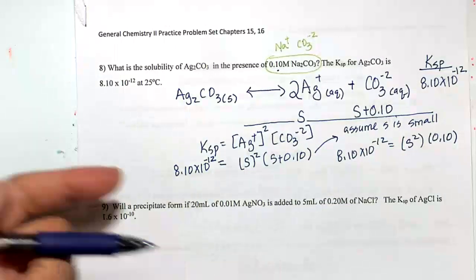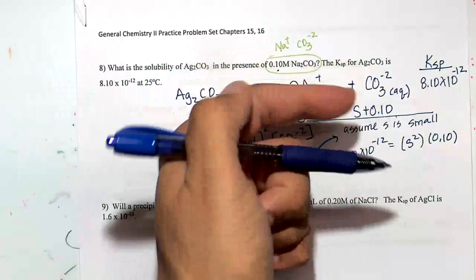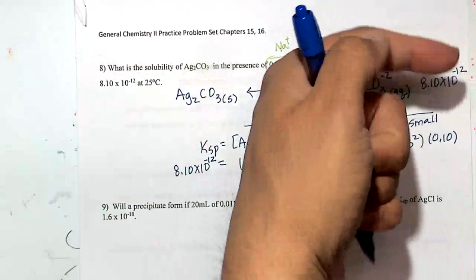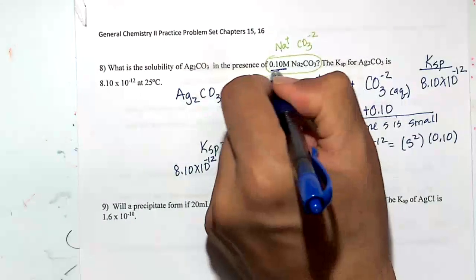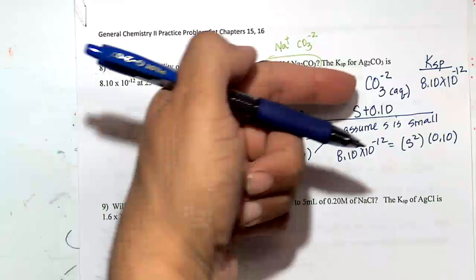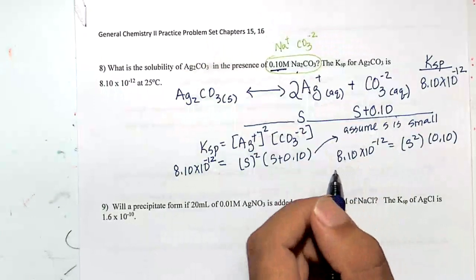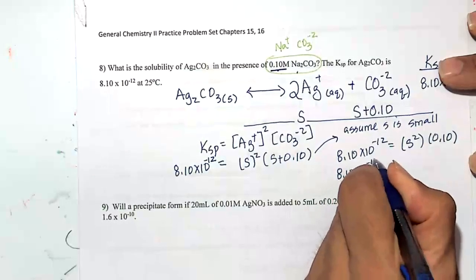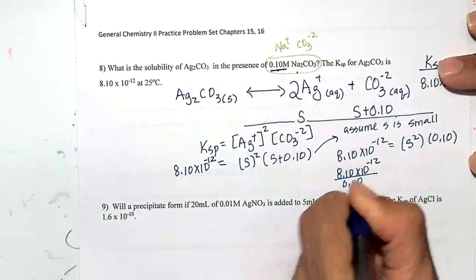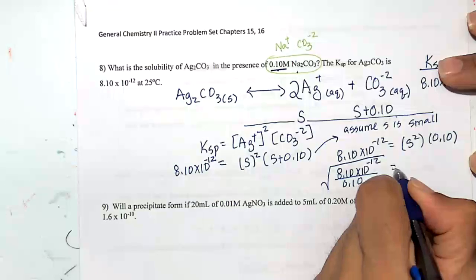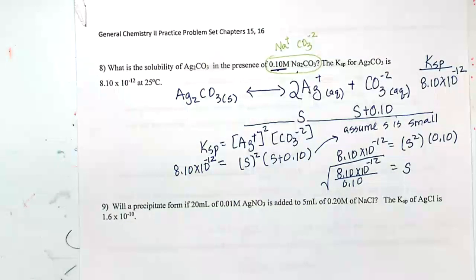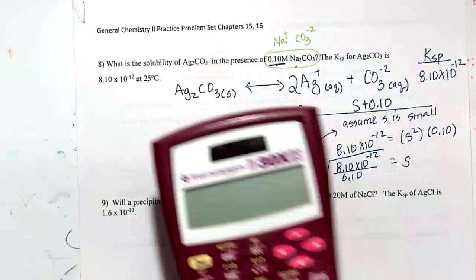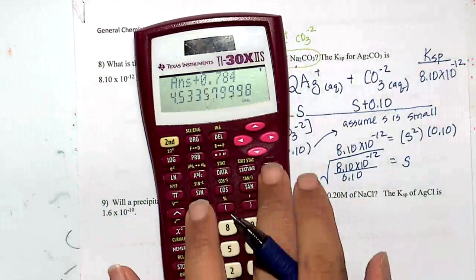We're assuming most of the carbonate comes not just from S, but from the 0.10 sodium carbonate. So we'll just solve for S here, and that will be our solubility. What is that? Quickly on our calculator.